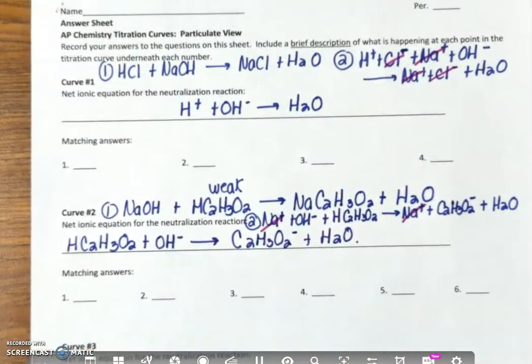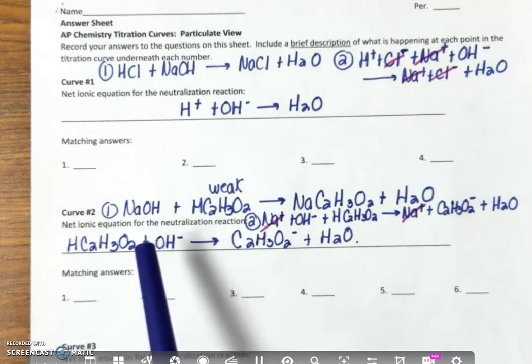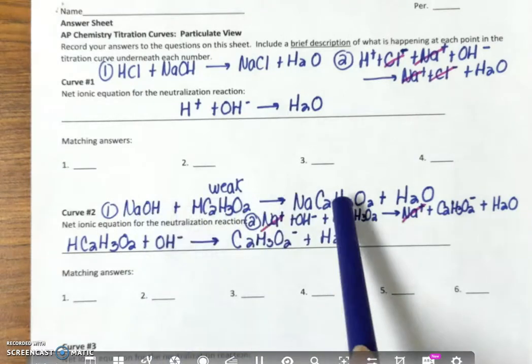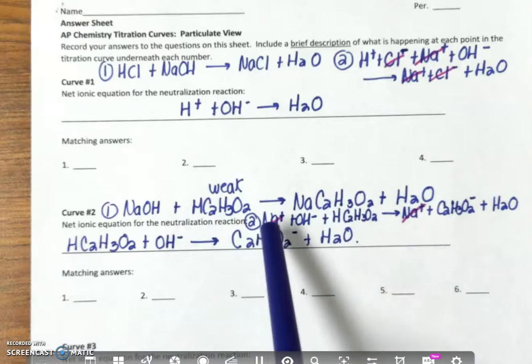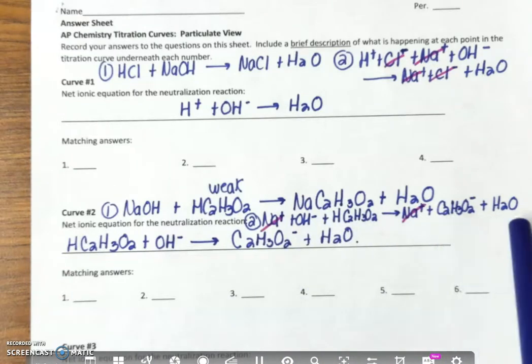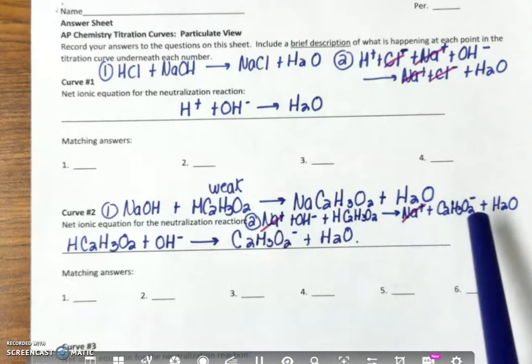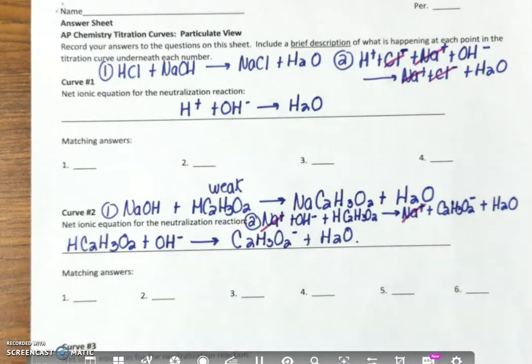Okay, so I just wanted to go over, you can do the rest of these. Remember when you're ever asked to write a net ionic equation, you do your balanced chemical equation, then dissolve everything in water if it can, cancel like terms, and write your net ionic.